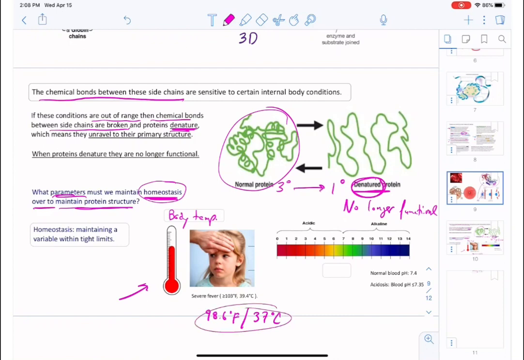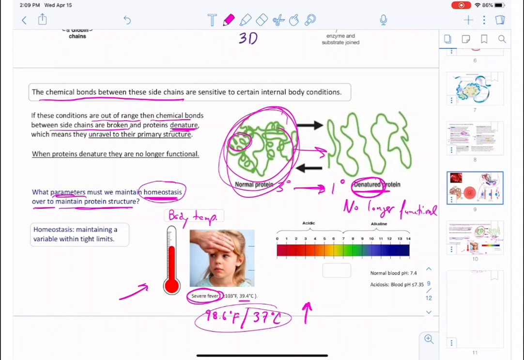And we have a little leeway there, but not a whole lot. And if this body temperature gets out of range, specifically if it gets too high, like up to 39.4 degrees Celsius, then the problem is it breaks those bonds between the side chains, and it causes the proteins to unravel and denature. And that's why having a really high fever is so dangerous, because these proteins can start to unravel, denature, and then the body just starts shutting down.